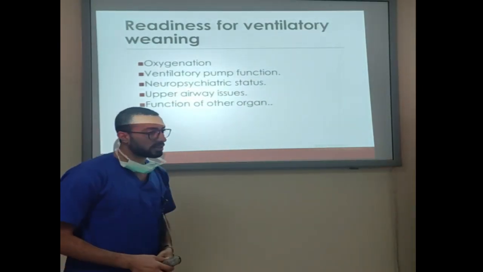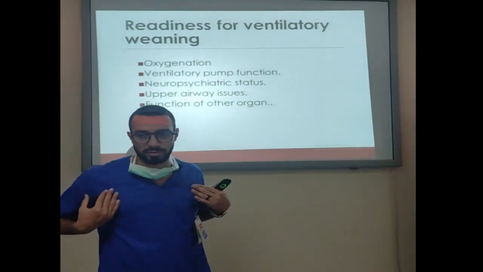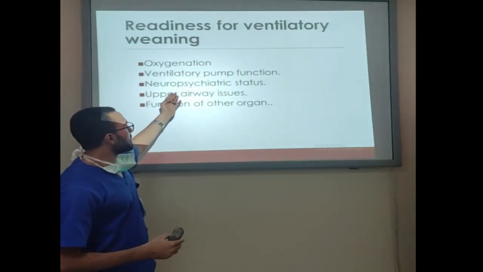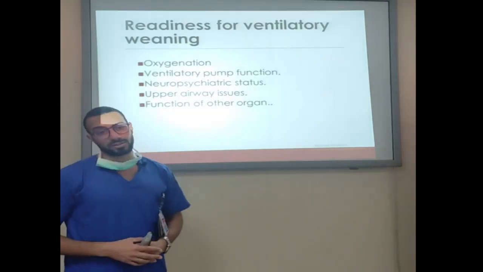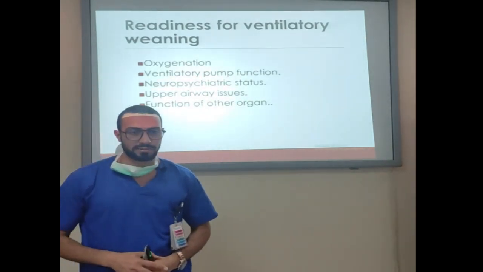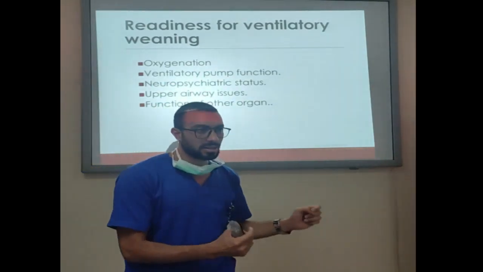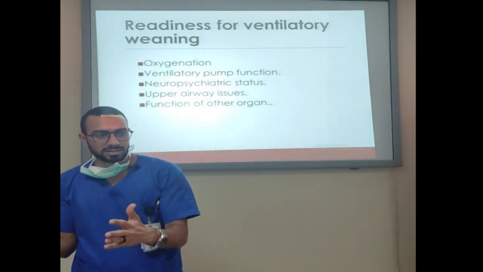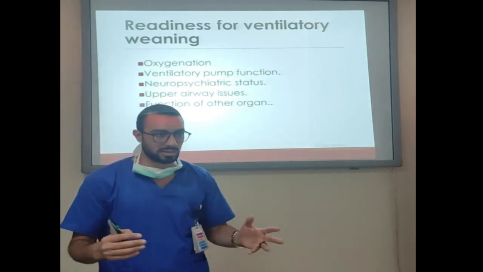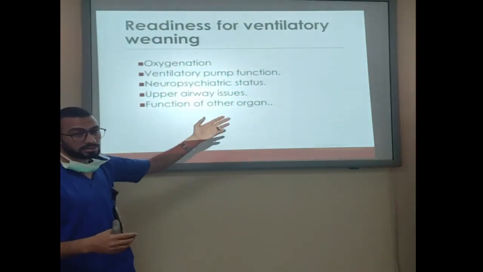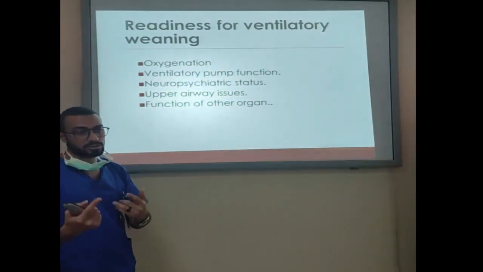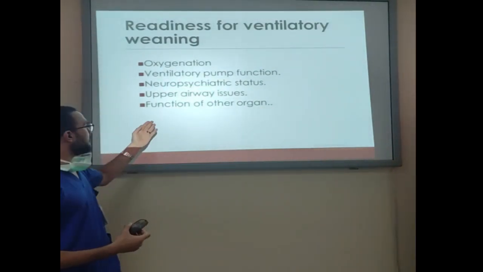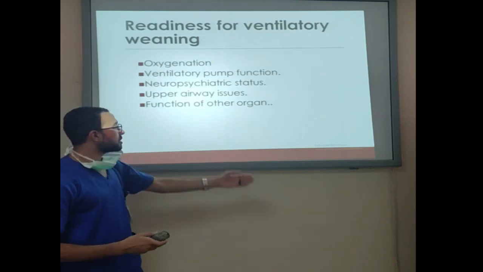Then ventilator pump function, the work of breathing: the patient can make the effort of breathing. And neuropsychiatric status, this is very important. The patient should have a good neurological status to support the work of breathing, and also a good psychiatric status, to be alert and to obey your commands when you tell them please breathe, try to cough. And upper airway issues, function of other organs.